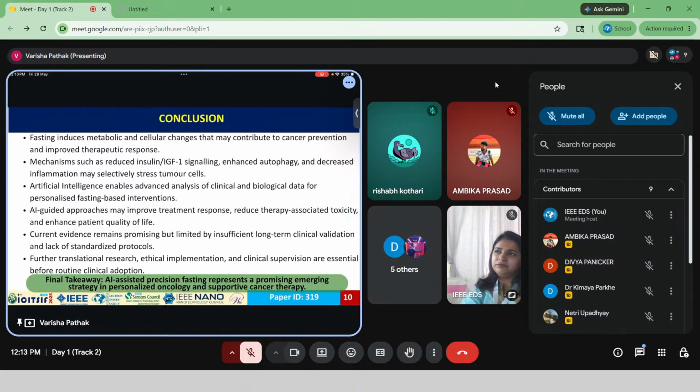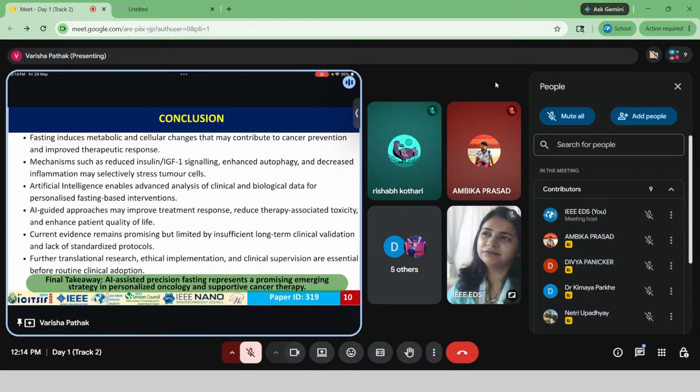To conclude, fasting induces metabolic and cellular changes that may contribute to cancer prevention and improve therapeutic response. Mechanisms such as reduced insulin and IGF-1 signaling, enhanced autophagy, and reduced inflammation may selectively stress tumor cells while protecting normal cells.